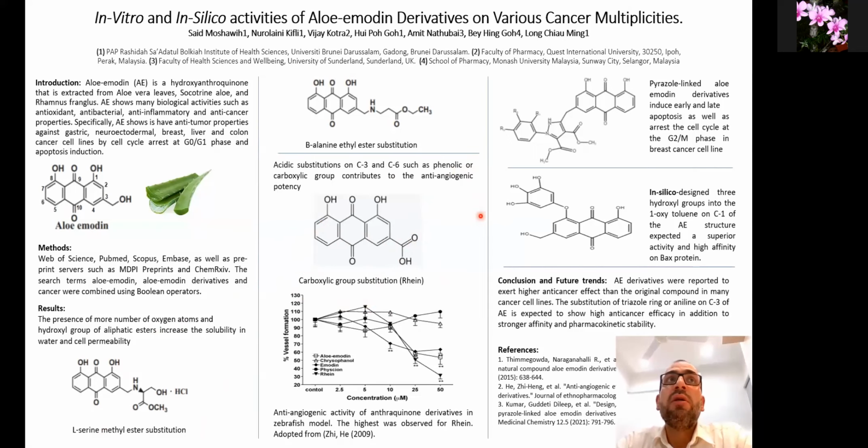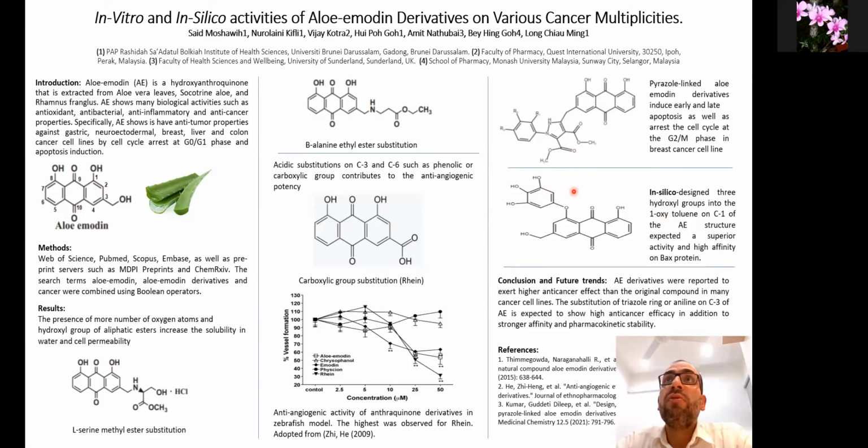Thirdly, the pyrazole-linked group on carbon number 3 induced early and late apoptosis and cell cycle arrest. Differently, an in silico study predicted that the trihydroxy group on the 1-oxytoluene has superior activity on BAX protein for breast cancer cells.